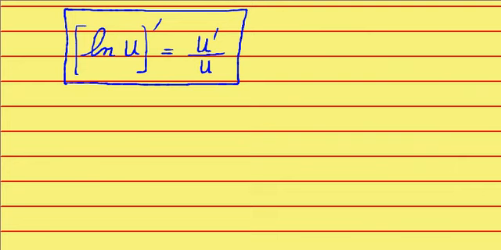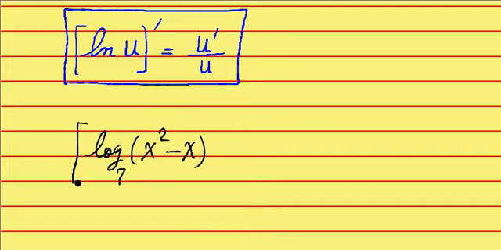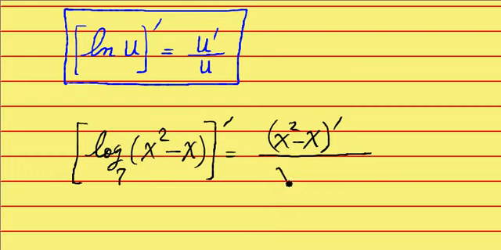Let's go ahead and take a look at, for example, the logarithm base 7 of x squared minus x, and I want to differentiate this. Here are three components of it: the derivative of your substitution, the substitution itself in the denominator, and then the natural log of the base you're using here.